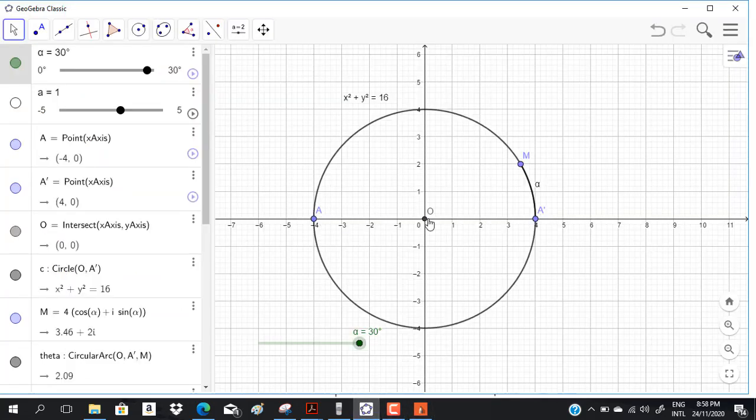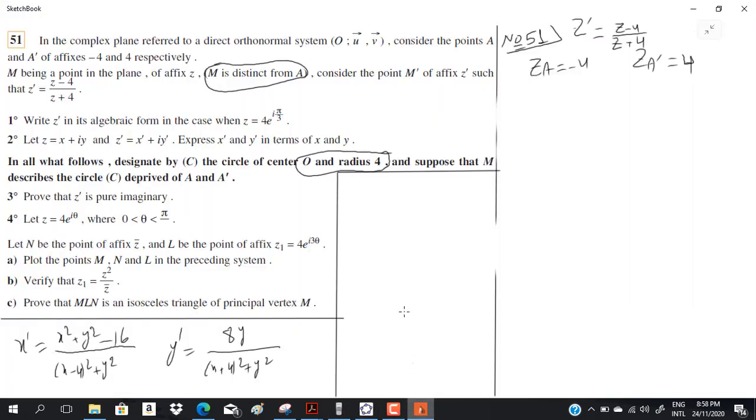So we have the circle C of center O and radius 4, we draw it, and M is on the circle. M is the point that moves on the circle. M تتحرك على الcircle, okay? So M moves on the circle.